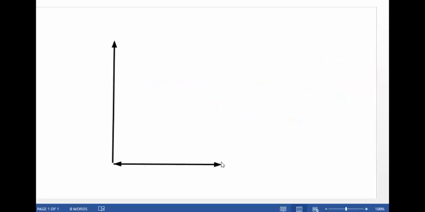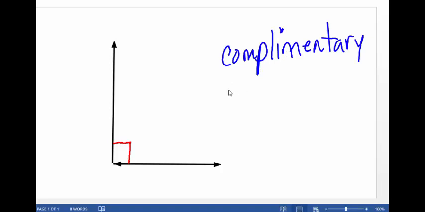Lastly, if we had this situation here and it was marked with the red symbol like this, these would be complementary, and that means they equal 90 degrees.